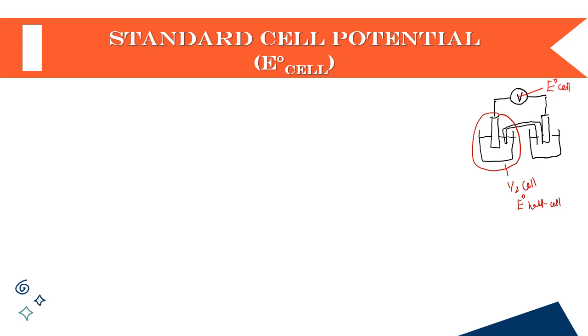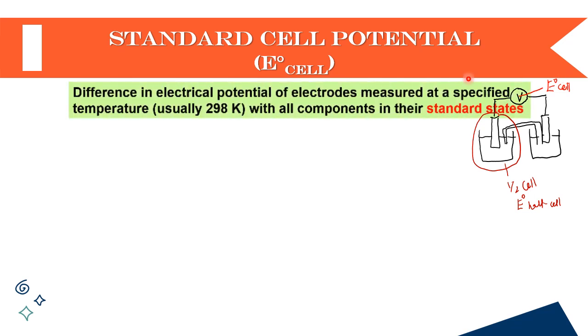So what does this E0 cell show? It shows the difference in electrical potential of the electrodes measured at a specified temperature, usually 298 Kelvin, meaning 25 degrees Celsius, with all components in their standard states. What does it mean?